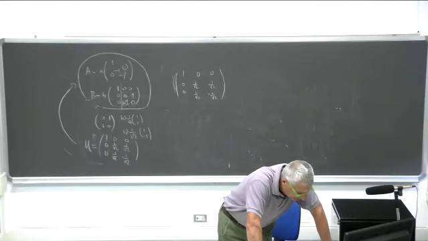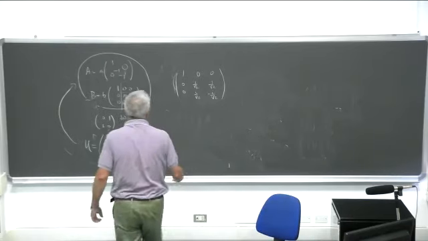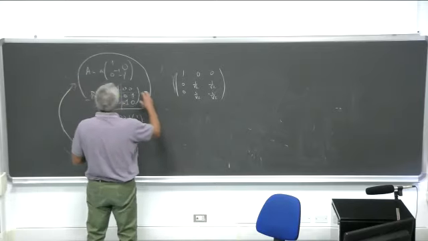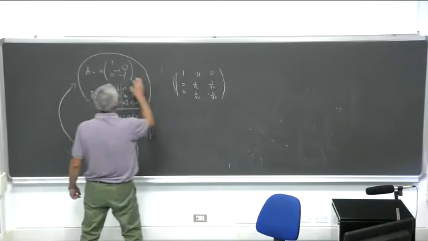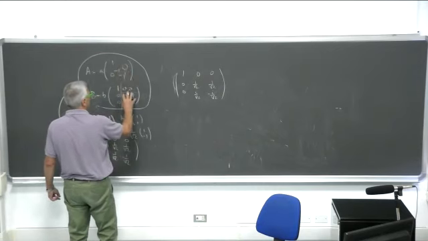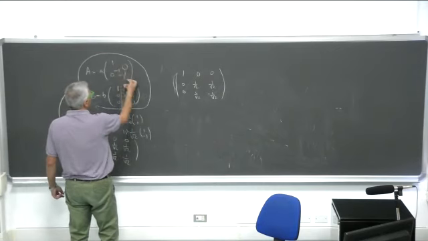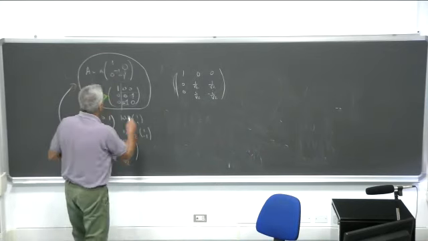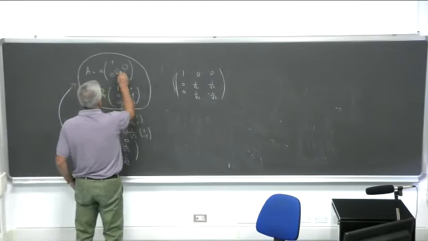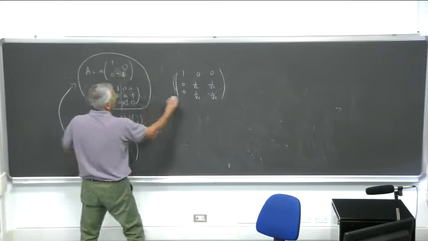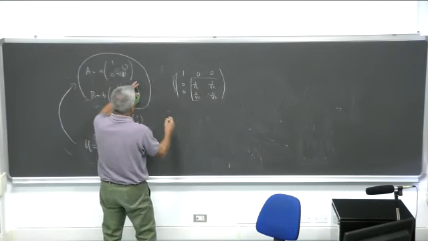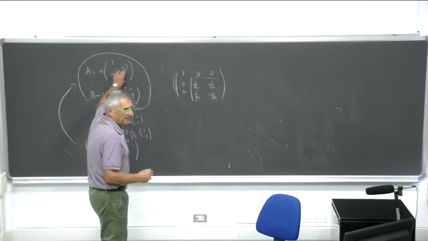No. Because this is the same argument that we said, right? It affects only this block. But this is proportional to the identity, minus 1 times the identity. So whatever you do here, taking U dagger U, this won't affect this part, because this is the identity.